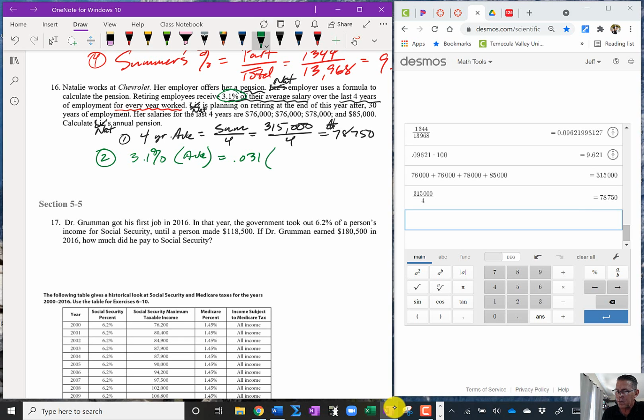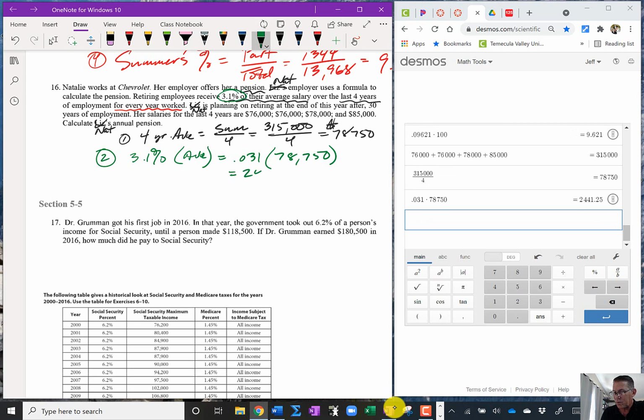Now, it says she's worked for 30 years of employment. So right here, if it says for every year worked, we get to multiply this number by 30. So her pension, which is her yearly salary, you can interpret it as that, it's going to be 30 times this number here, $2,441.25.